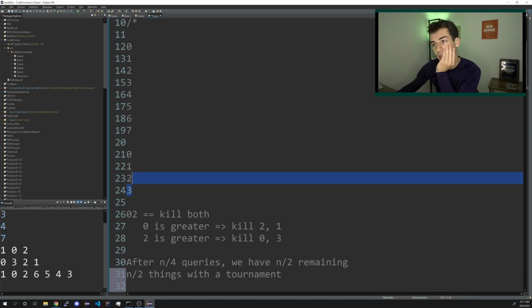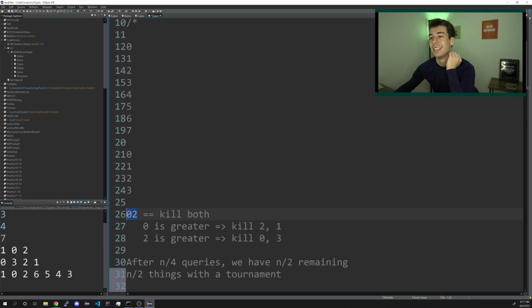So now, what happens after I do one round of this? If they're equal and I kill both, what if they're both 1? That's kind of a problem, isn't it? Does this extrapolate?